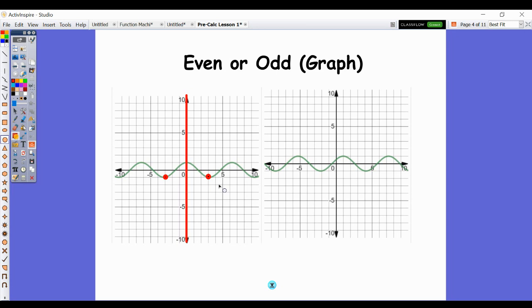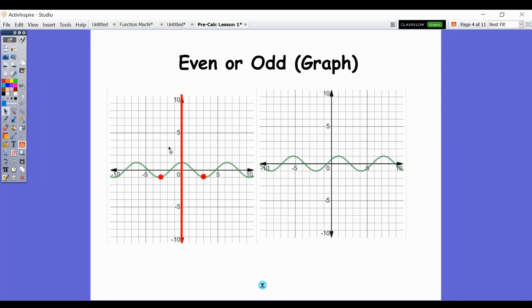And I can clearly see that the y values are at the same height and my x values are completely opposite. Whereas if I were to take my little line here, and if I tried to do the same thing and I count 1, 2 spaces to the left and I count 1, 2 spaces to the right, I do not have that reflection.